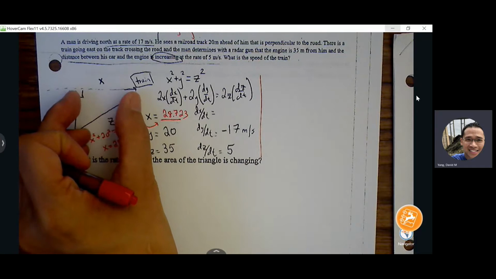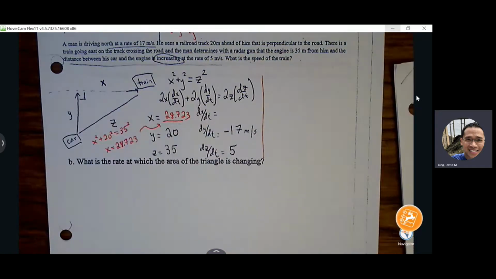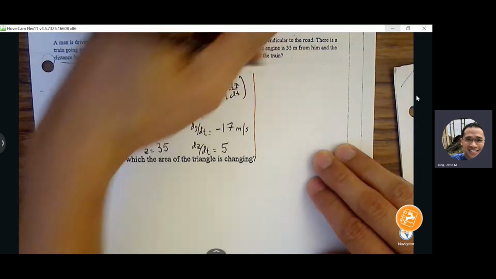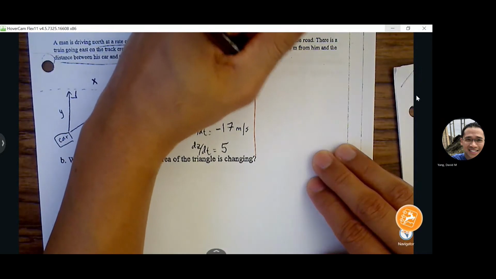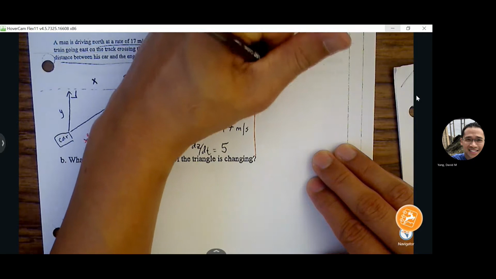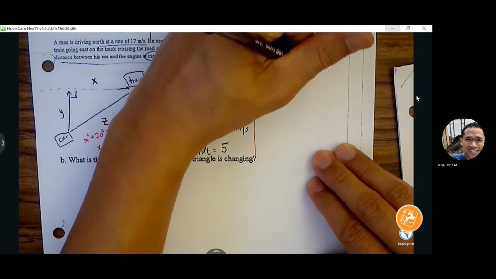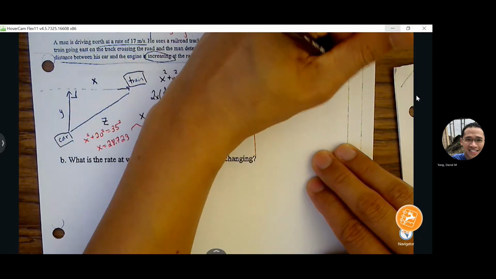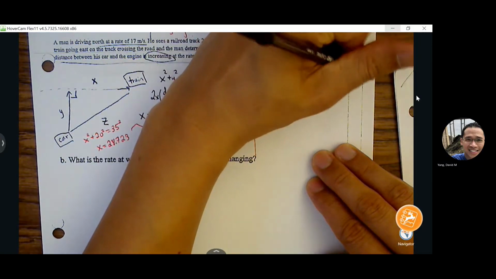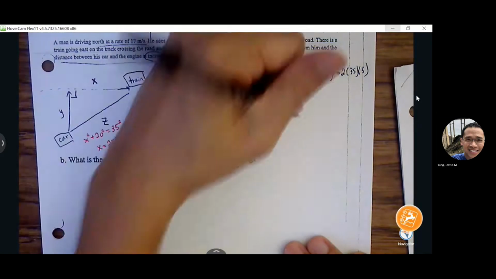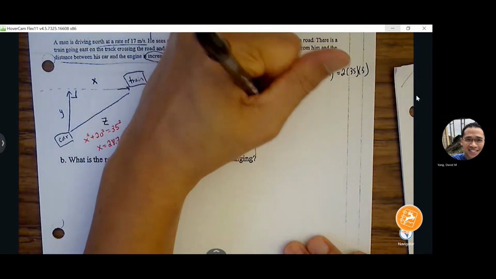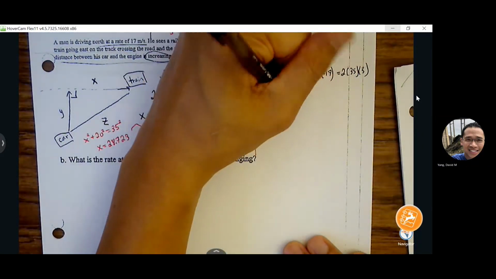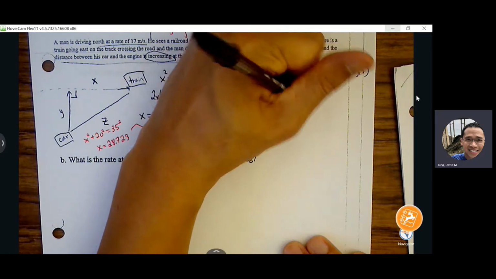We expect the dx/dt to be positive. Okay, use your calculators.